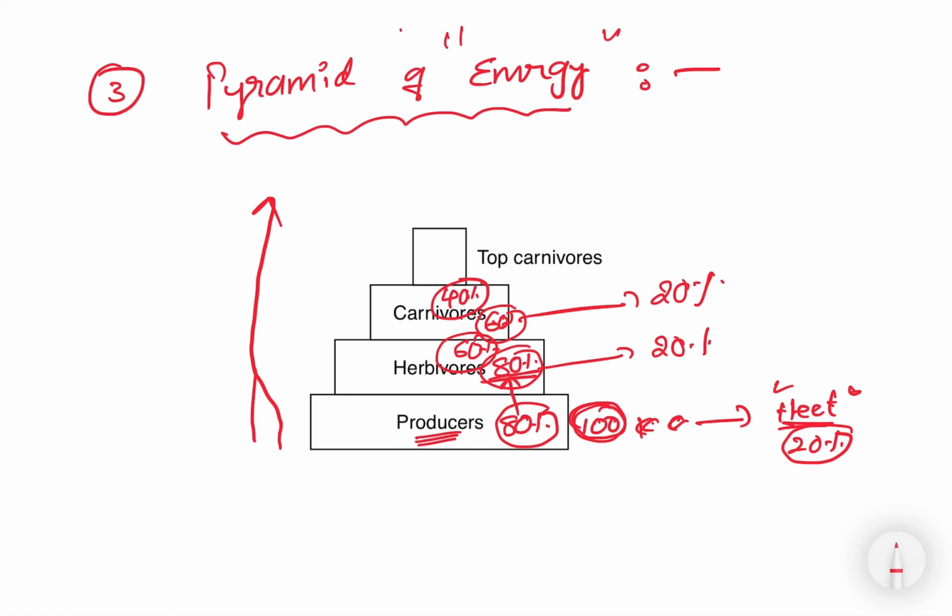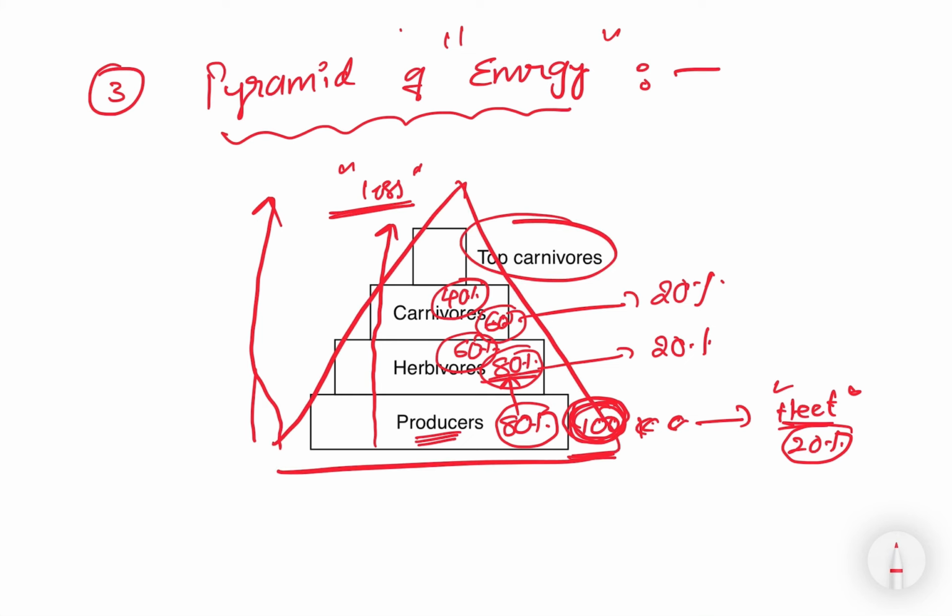So, what you are supposed to observe here is that the energy content may be very high during the initial stage of the ecosystem, but when the energy keeps on transferring towards different trophic levels, it keeps on decreasing, and finally the energy content is always least in the top carnivores.